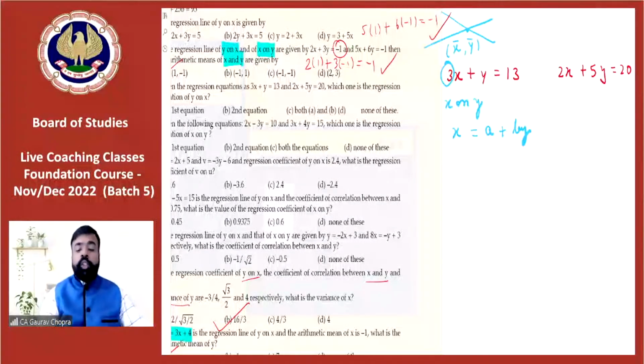So if we assume this, what will happen? Bxy will be minus, y will go on the other side and become negative, so minus 1 divided by 3.